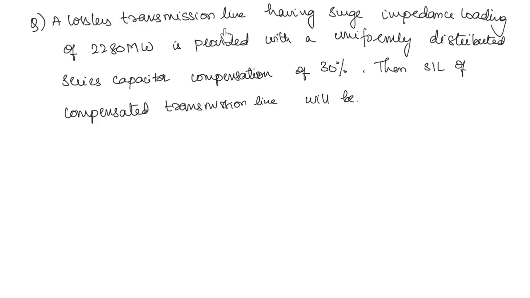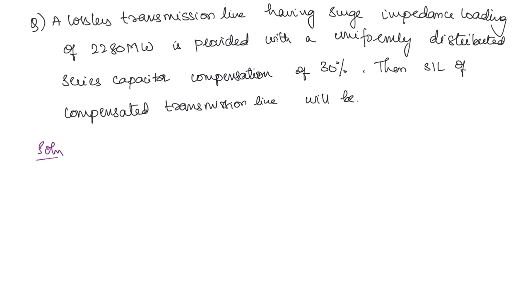A lossless transmission line having surge impedance loading of 2280 megawatt is provided with a uniformly distributed series capacitor compensation of 30%. Then the surge impedance loading of the compensated transmission line will be.